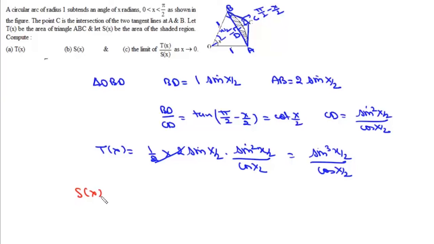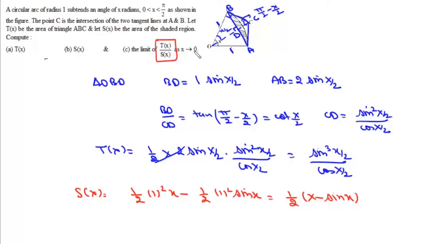Now we'll find Sx, which is area of this shaded region. Now this Sx will be area of this sector, which is 1 by 2 r square theta, minus area of this triangle, which is 1 by 2 1 square sine x. So it will be this 1 by 2 into x minus sine x. Now we need to find this limit Tx upon Sx as x tends to 0.